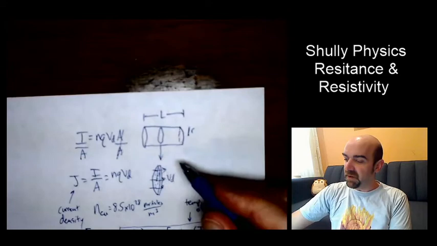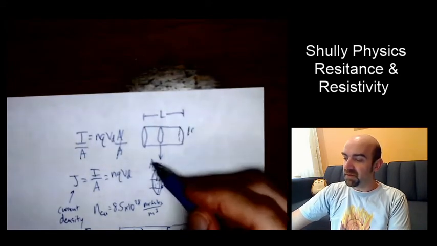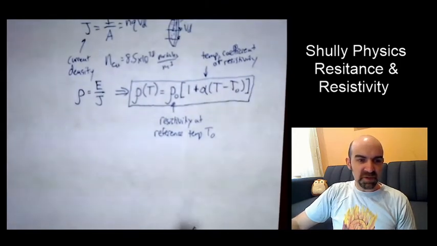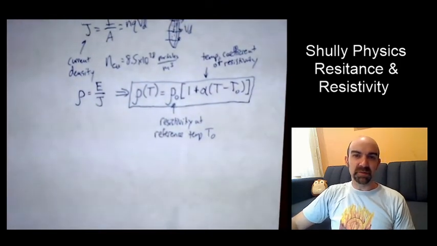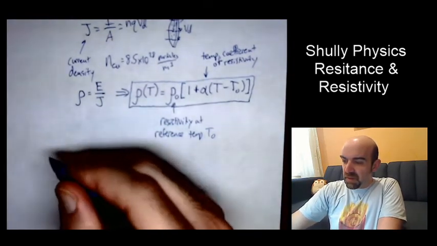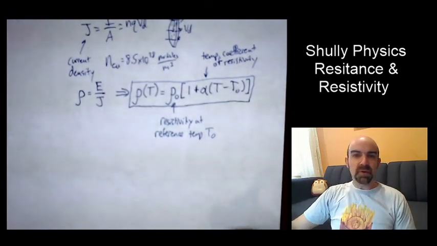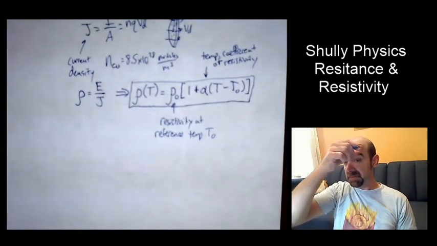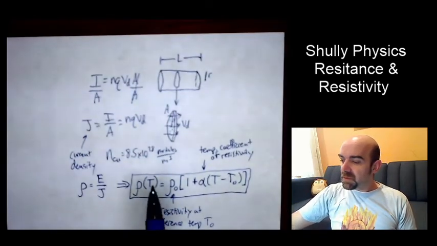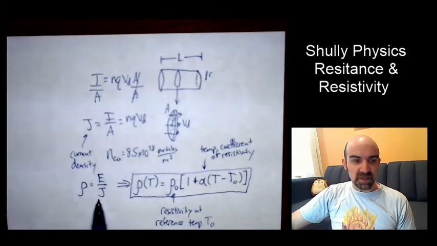So there's an area to this as well, a length and a cross-sectional area to this conductor. So that's what I mean. How do the dimensions of a conductor come into play? So let's go back just a little bit.